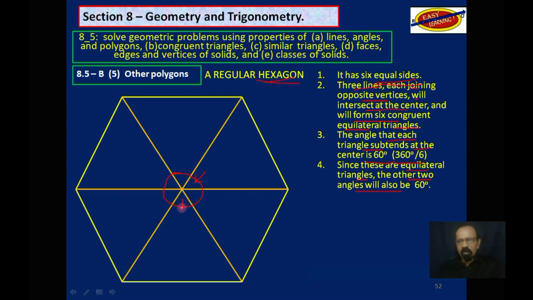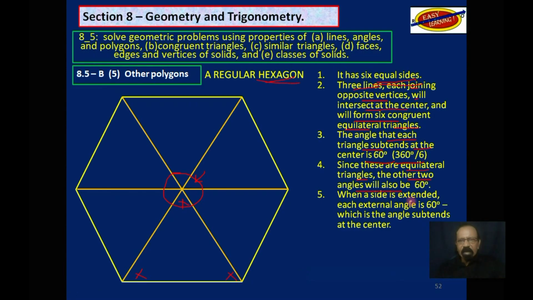So if that is 60 in a triangle and it's an equilateral triangle, then that will also be 60 as well as that. When a side is extended, each external angle is 60 degrees, which is the angle subtended at the center. So if you extend this here, this is 60, which is the same as that angle there.